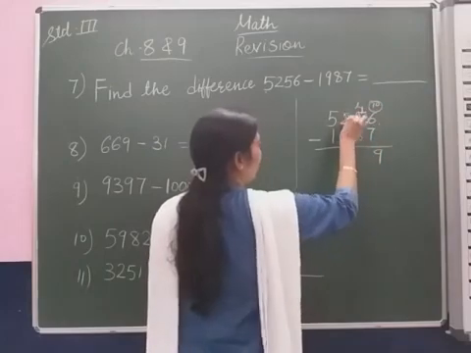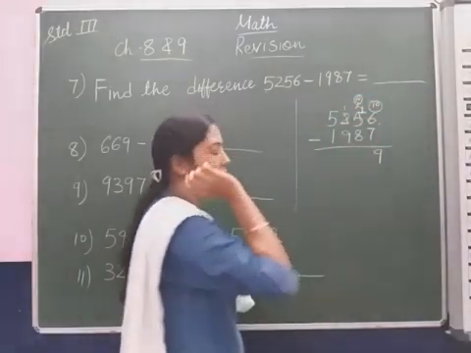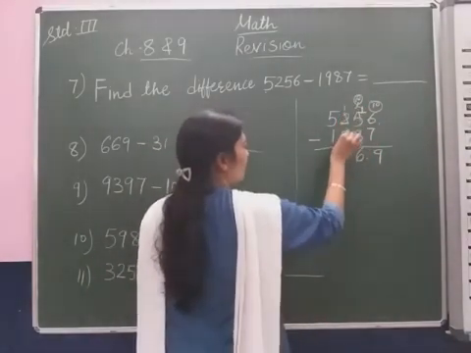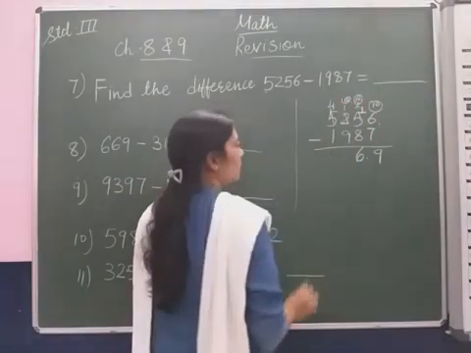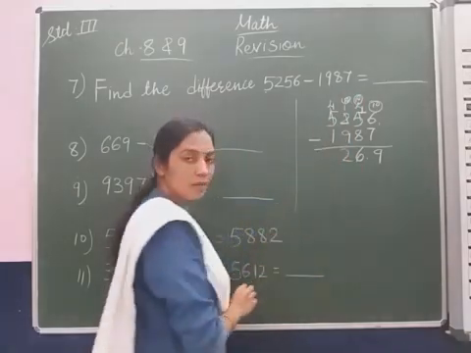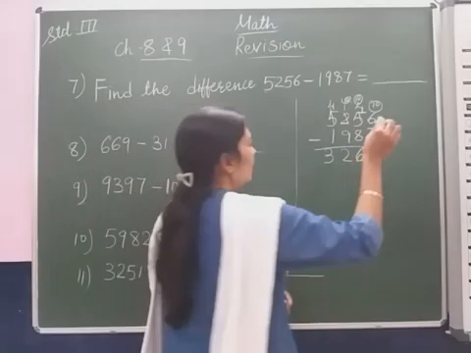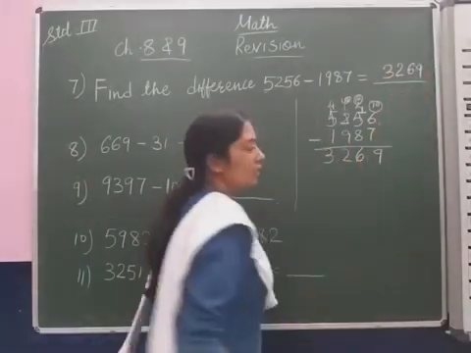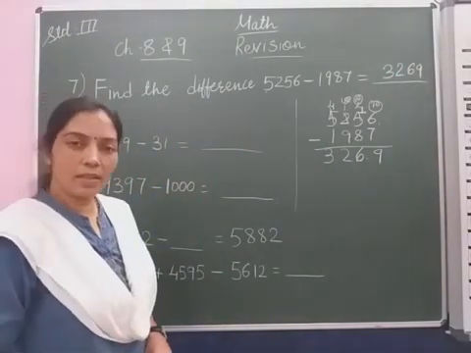4 minus 8 not possible, so 14 minus 8 will come 6 remains. 1 minus 9 not possible, so 11 minus 9, 2 remains, and 4 minus 1, 3 remains. So the difference we find is 3,269.